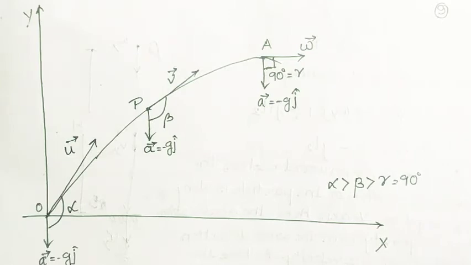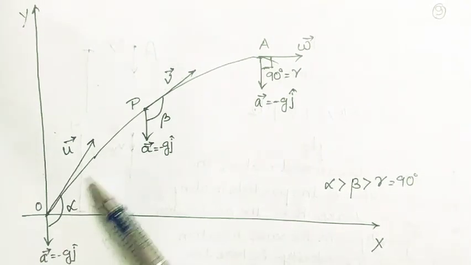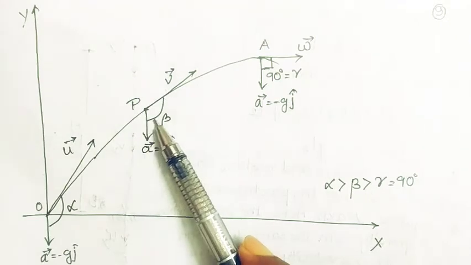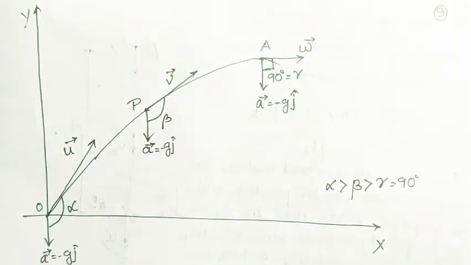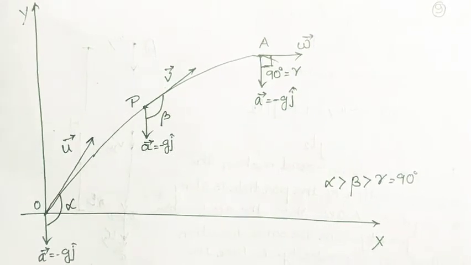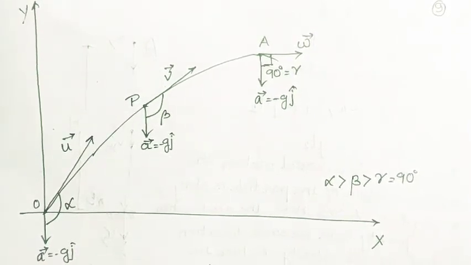One thing I want to say here: from obtuse, the value of the angle decreases and it becomes 90 degrees again.